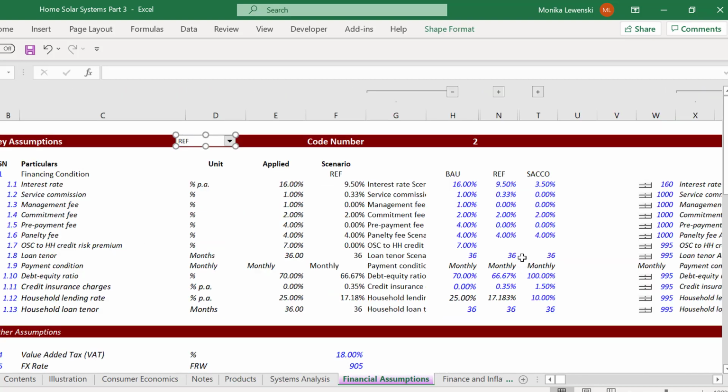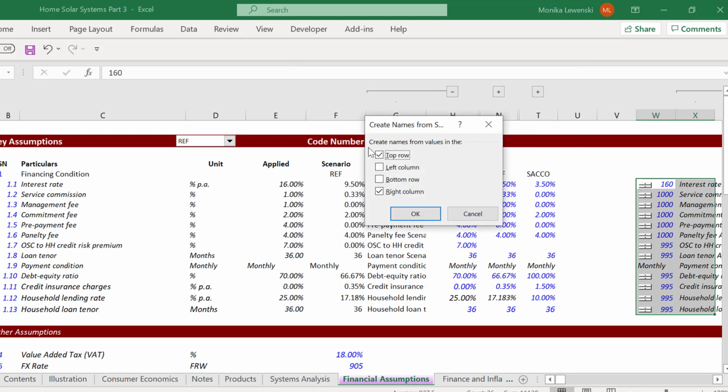Now, I'm not going to repeat this over and over again, but the first step is we need range names. The reason we need range names: I'm selecting all of these and pressing Shift Control F3. I don't want the top row, and I want the right column.